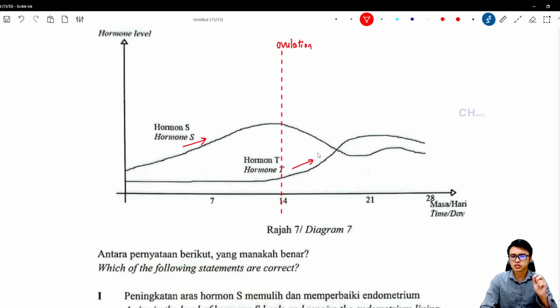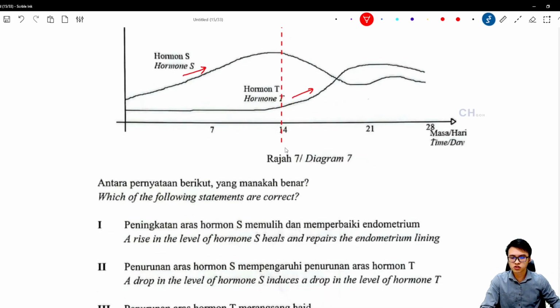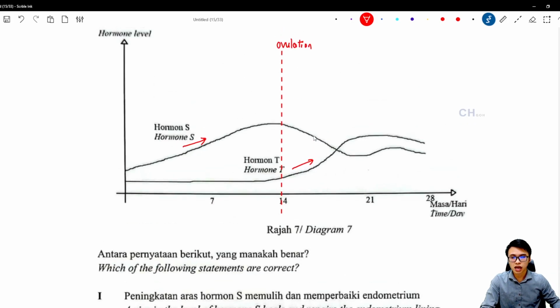That means it must have something to do with progesterone and estrogen, because they are related to pregnancy, correct or not? So which of the statements are correct? I predict hormone S is the estrogen, because hormone S increases before ovulation.